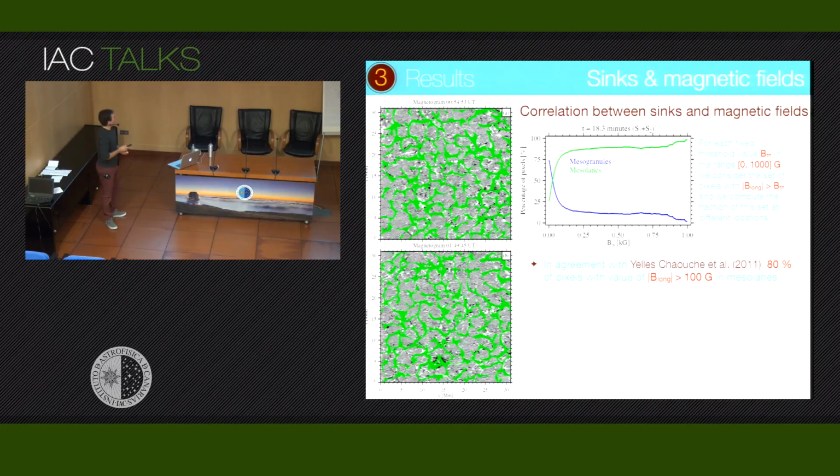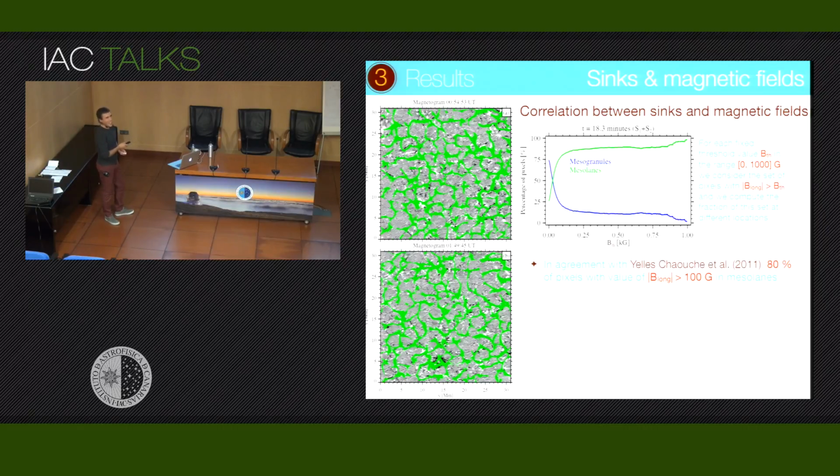Now in this plot, here we have a threshold value. For each threshold value, let's say 500 Gauss, 1000 Gauss is here, but let's say 500 Gauss.